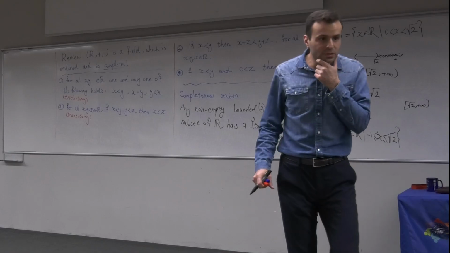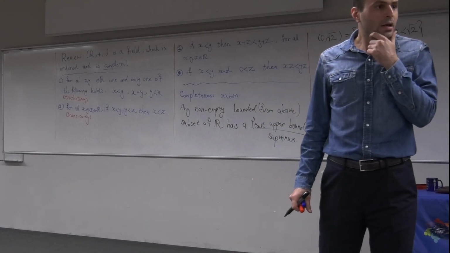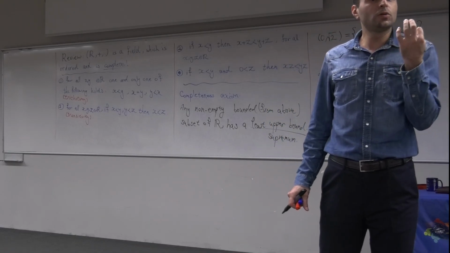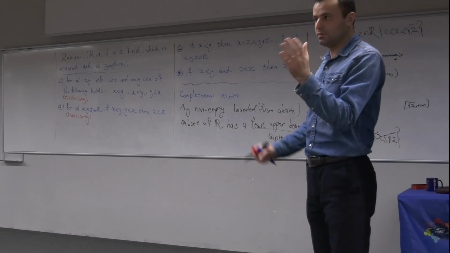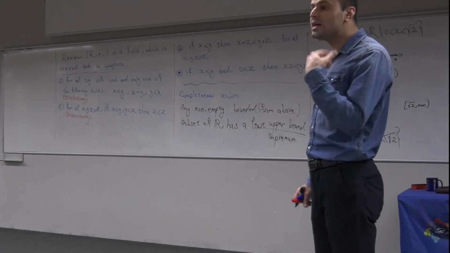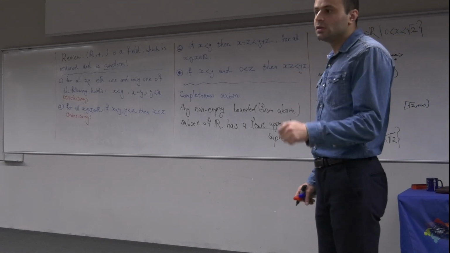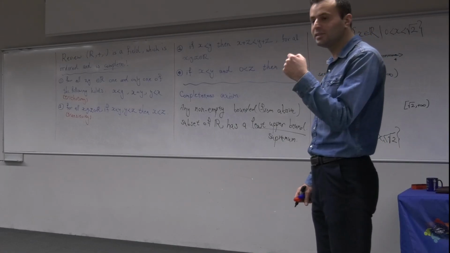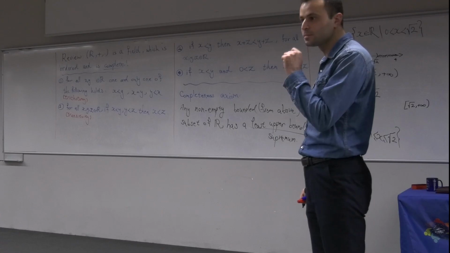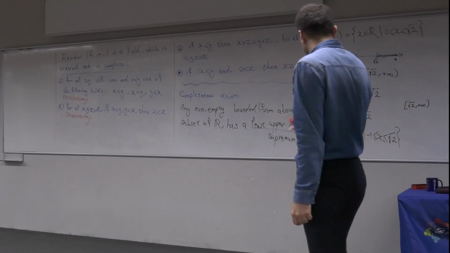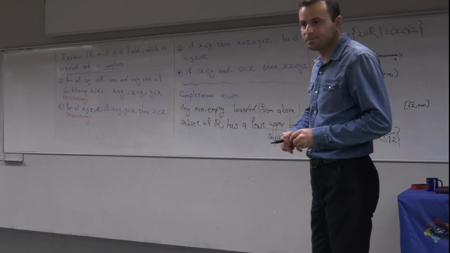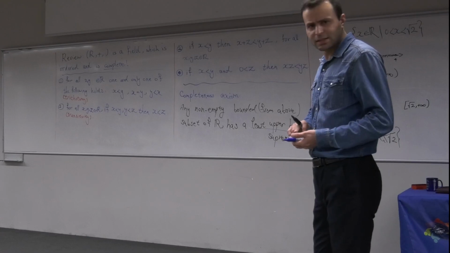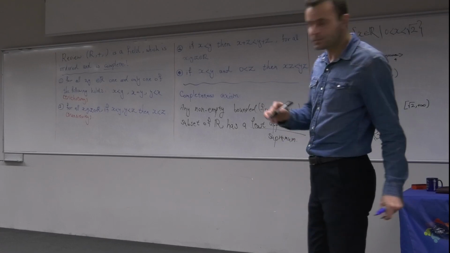But the very important thing for us was that by having this least upper bound property, we could give meaning to decimal representations, and we could say that irrational numbers actually exist. And all of it is because of this least upper bound property. Okay? Is everything clear up to now? Good.